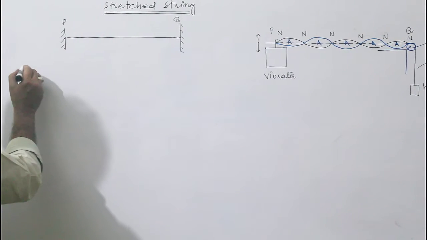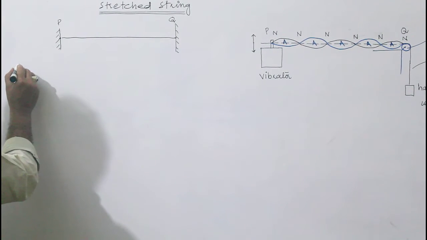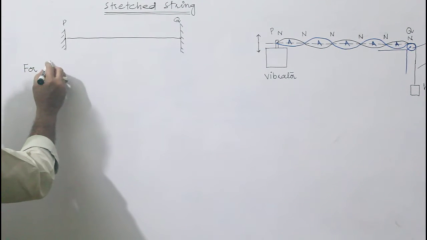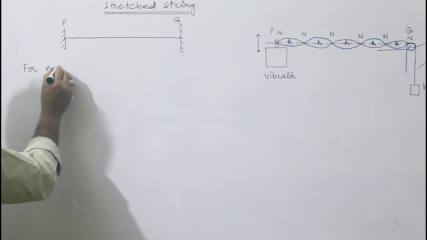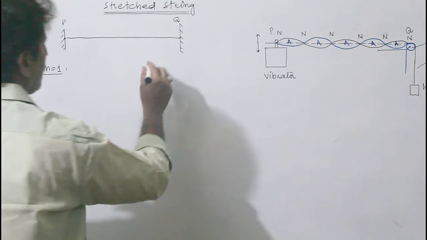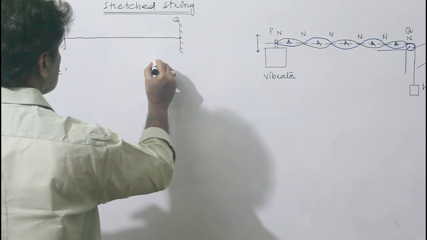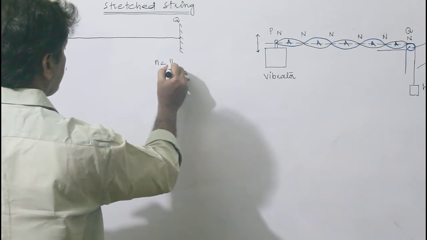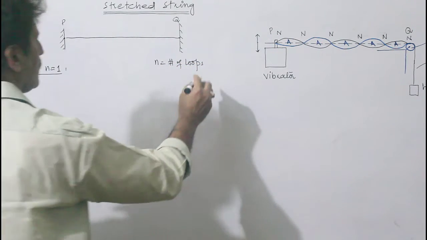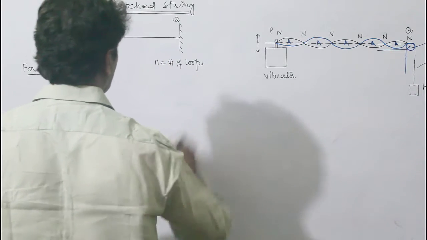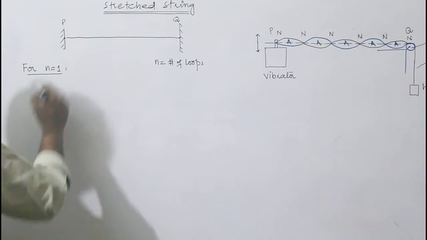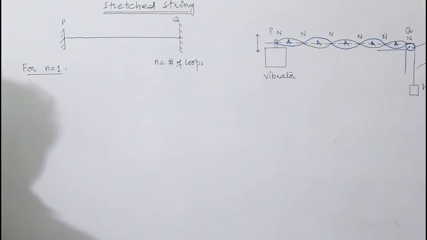Initially I am working for n equals 1, where n is called the number of loops formed in the string, and it is the minimum number of loops generated in the string.